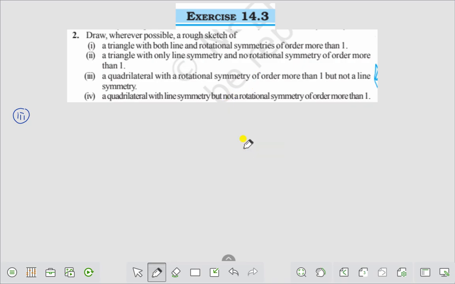You have to draw a quadrilateral with a rotational symmetry of order more than 1 but not a line symmetry. For that, you will draw a parallelogram, right?